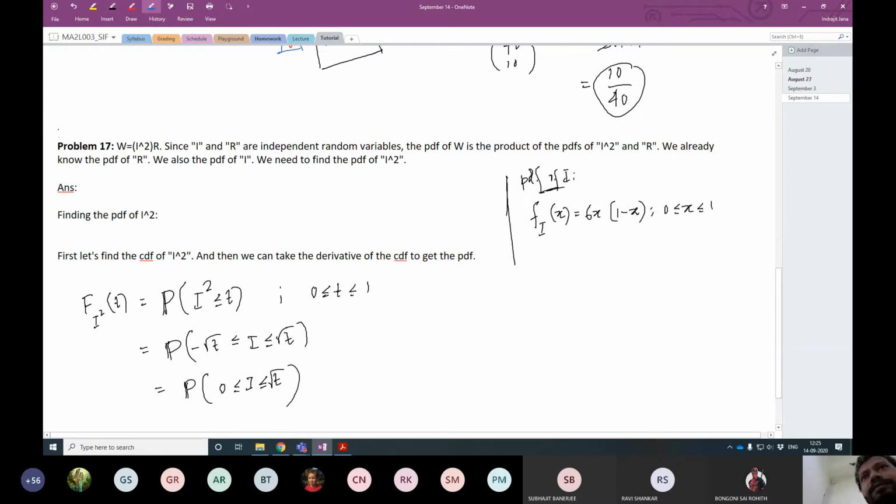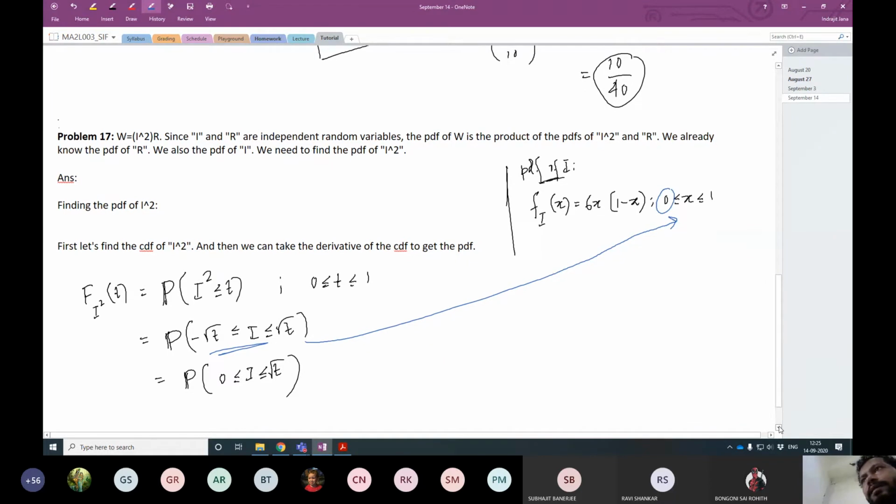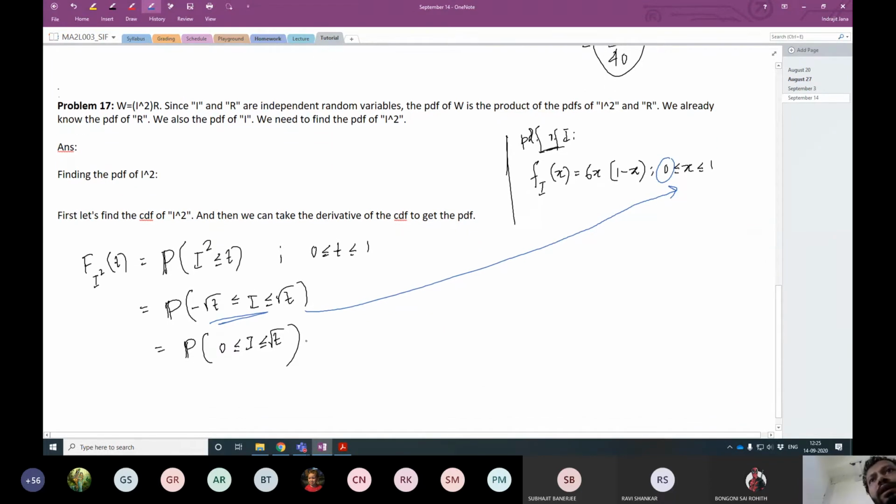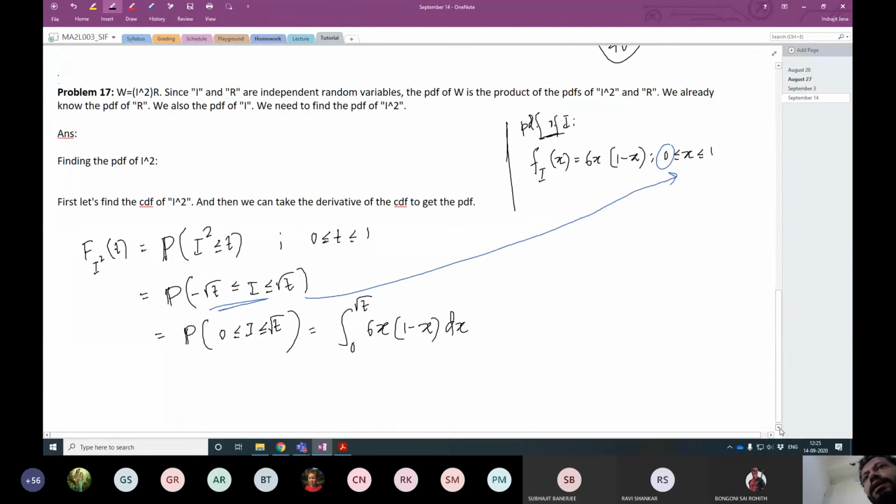This is because the PDF is valid from 0 only, so we can discard the negative part. This part is simply the integration from 0 to square root of t of the PDF, 6x(1 minus x) dx. Okay, great.